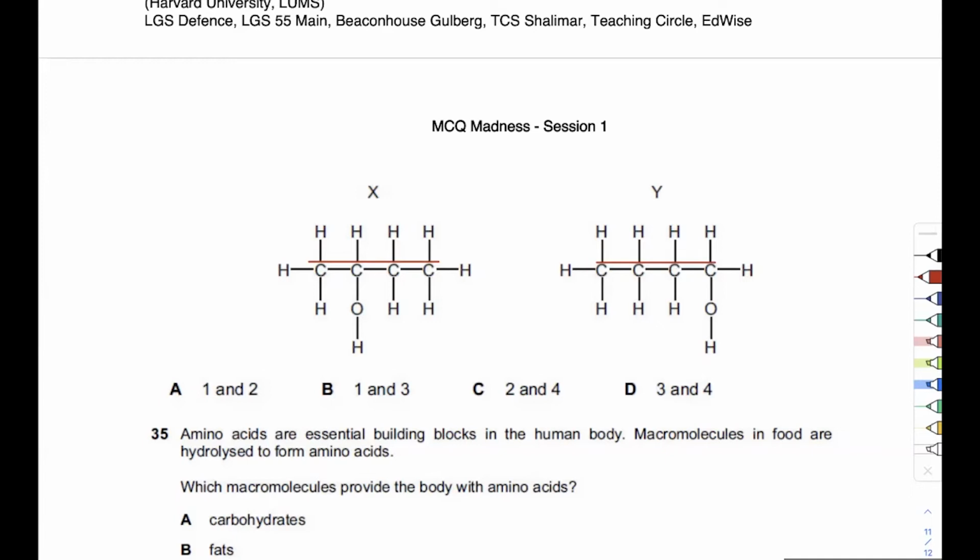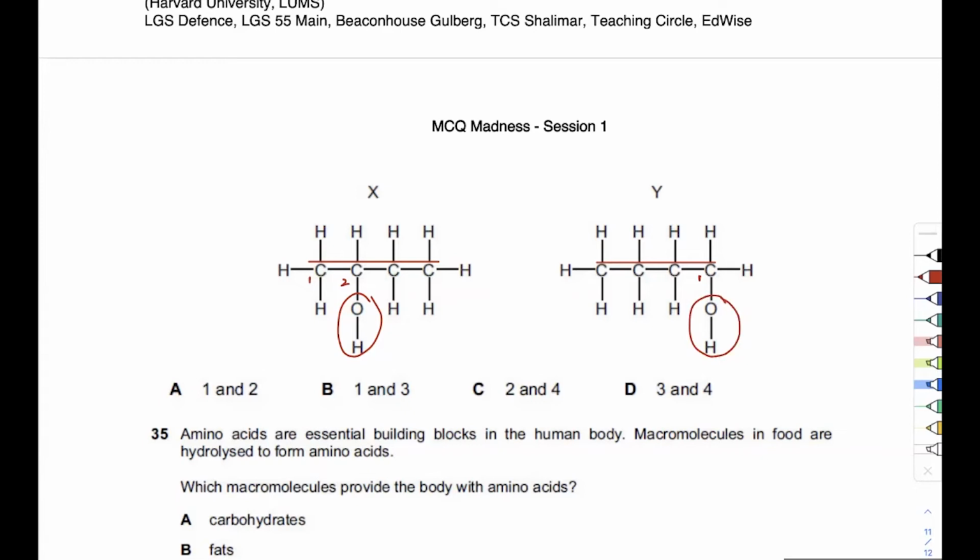So there are 2 criteria for checking isomers in our syllabus. First one is this one. Second is to look at where the functional group is. From one end, this one is carbon number 1, this is carbon number 2. I can clearly see that OH is on carbon number 2. In this one, I'll start from the right side because we always start from the side closest to the functional group. The functional group is on carbon number 1. Clearly isomers.